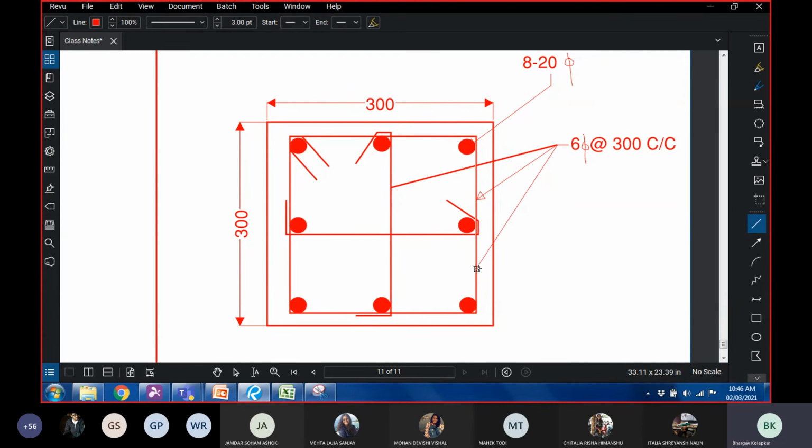So we have to include all the ties, that is the outer tie as well as the cross tie.